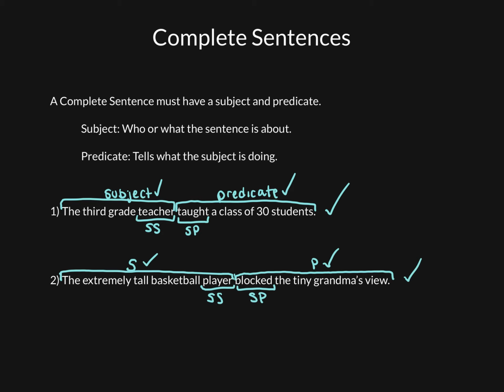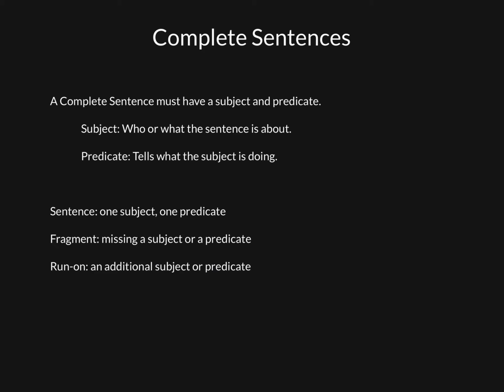Now that we identified what a complete sentence is, there's also some incomplete sentences. And those incomplete sentences are called fragments as well as run-ons. A fragment is missing a subject or predicate, meaning that this only has a subject or only has a predicate.